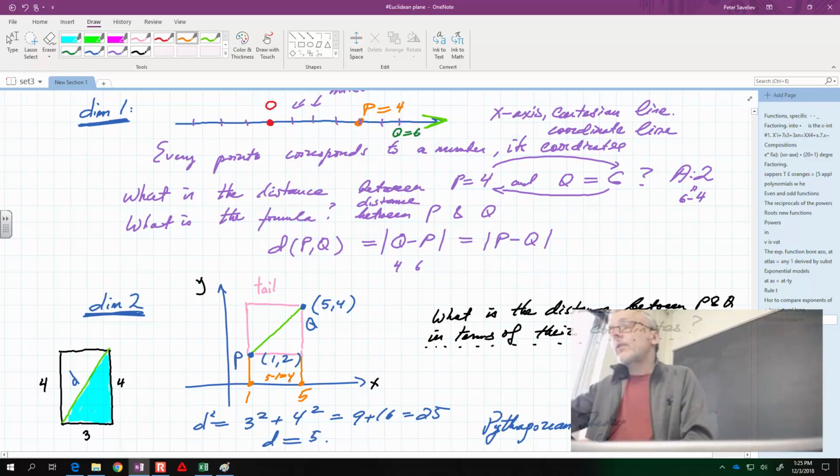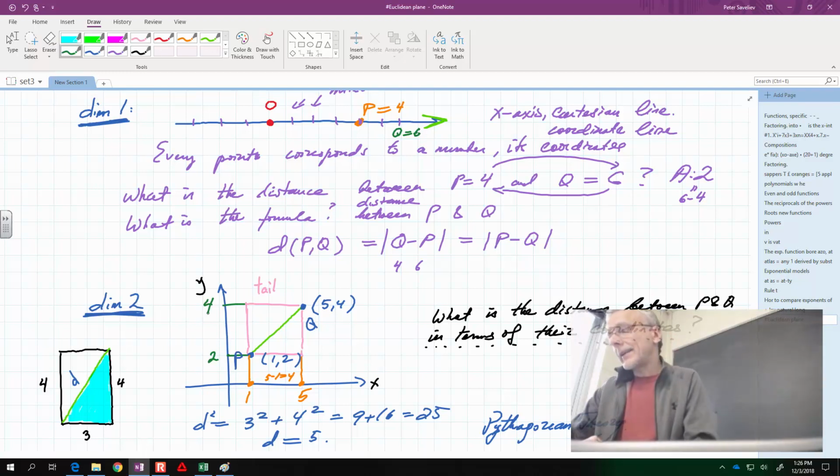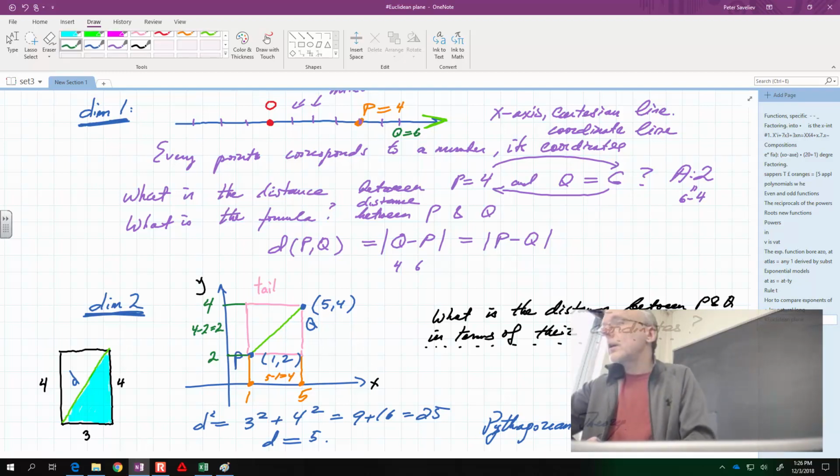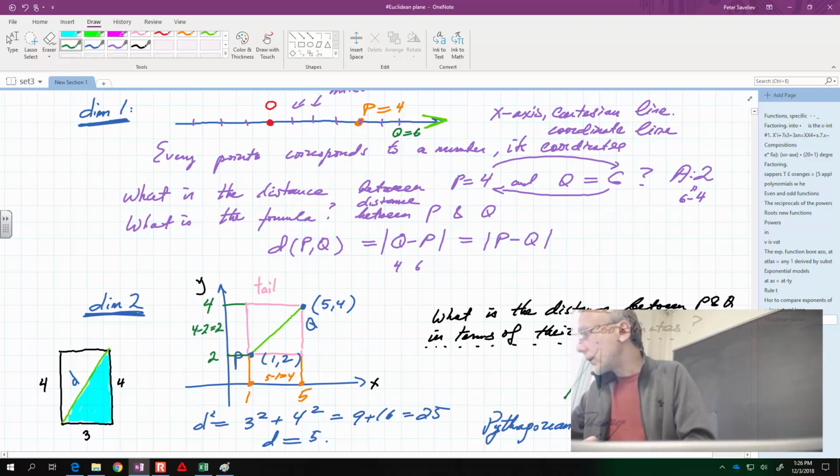Then we do the same with the vertical dimension of my rectangle. It will lie between the two coordinates, the 2 and 4. So the vertical dimension is 4 minus 2, which is equal to 2. So then our triangle is 4 by 2.